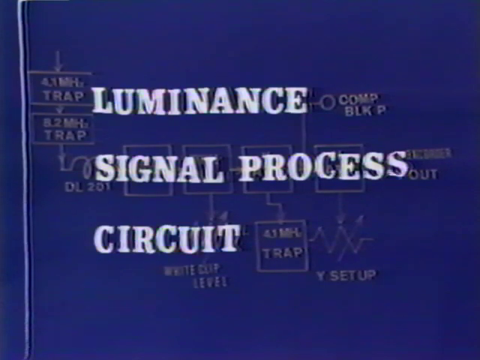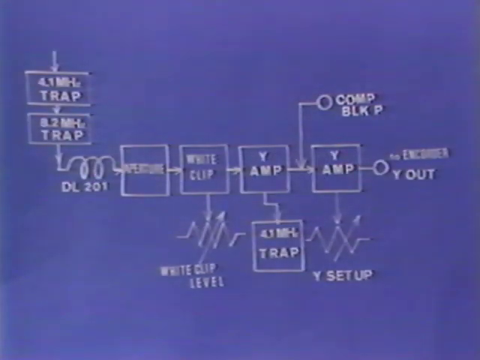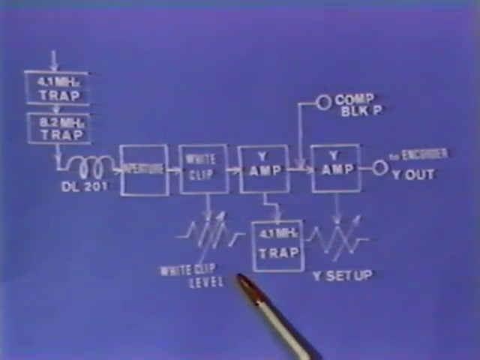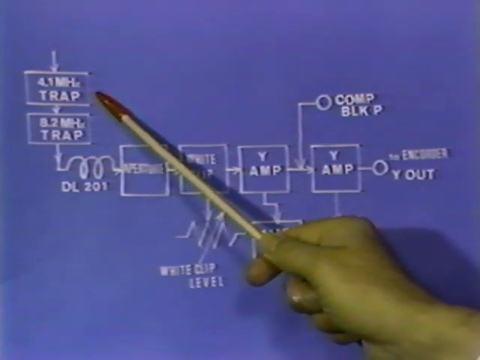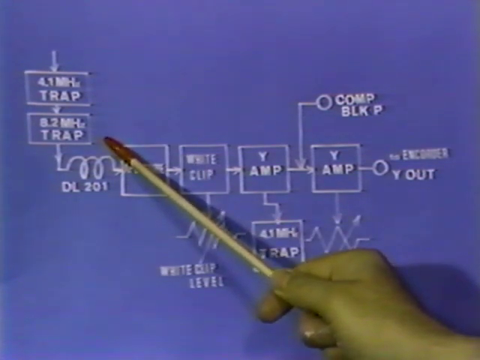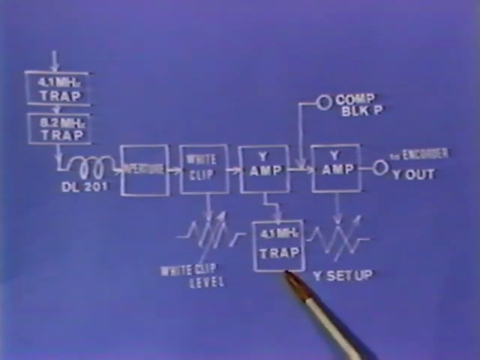Luminance signal processor. Here is the luminance signal processor's block diagram. This whole circuit is to eliminate the higher frequency component of the signal sufficiently with the traps T204, T205, and T207.